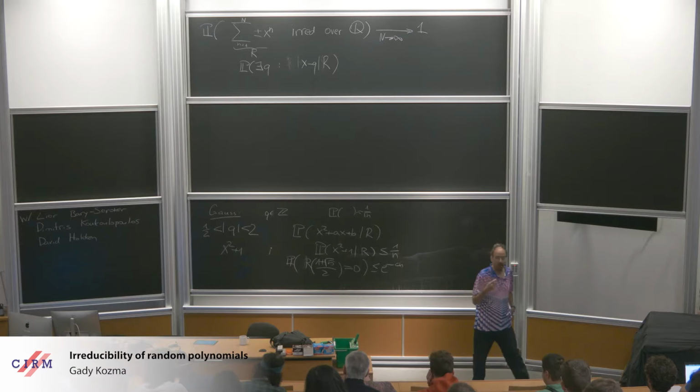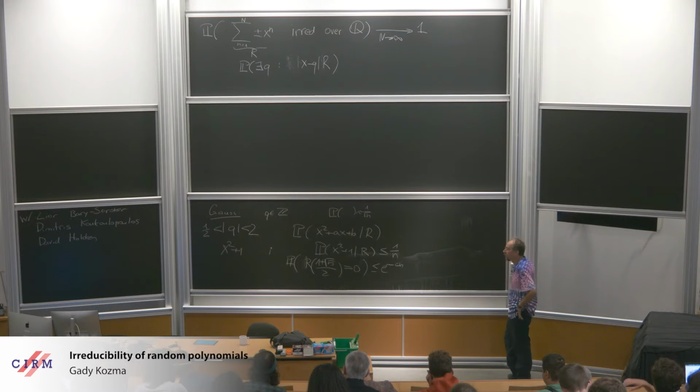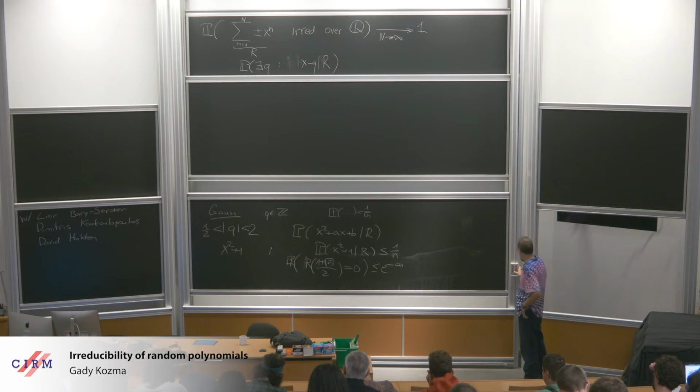Once you are off the unit circle, it's not so difficult to show. The probability decays exponentially.